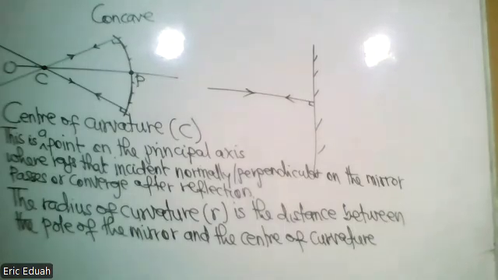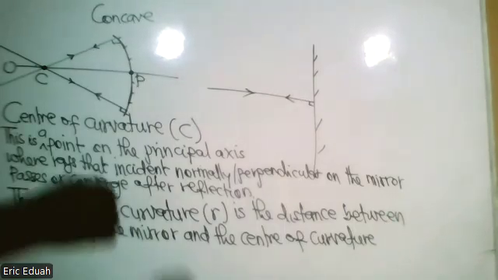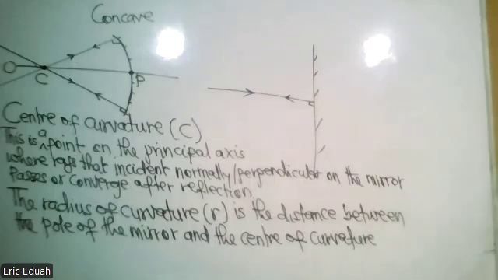Now there's a special relationship between the radius of curvature R and the focal length F of every mirror, whether concave or convex.